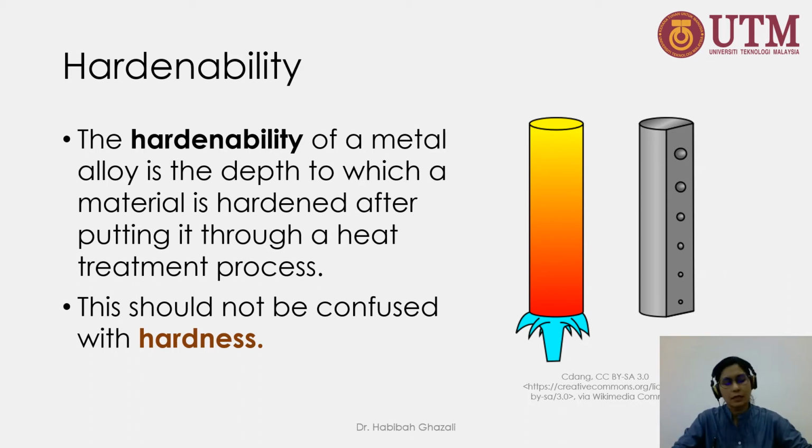You can imagine that if I have various microstructure transformations in the cross-sectional area, a lot of internal stresses and distortion will be generated due to these different phases. So we need this knowledge about hardenability in order to select which heat treatment procedure is suitable for the different types of steel.